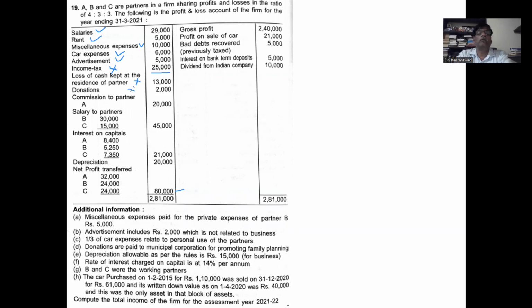Donation is disallowed. Commission to partner disallowed. Salary to partner disallowed. Interest on capital total is 21,000. Out of 21,000, 12% interest on capital is allowable.